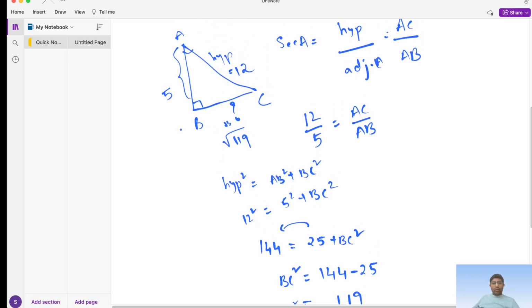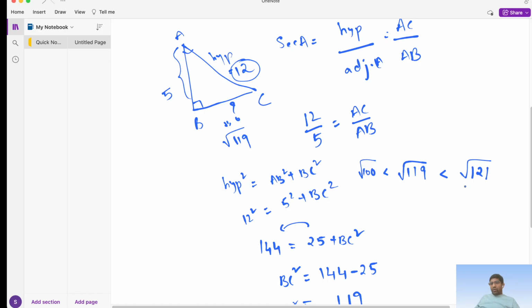The basic thing that we need to check is that the largest side of a right angle triangle should always be the hypotenuse. So if root 119 is less than 12, it means this triangle is a valid right angle triangle. Root 119, if we check, would be between root 100 and root 121.